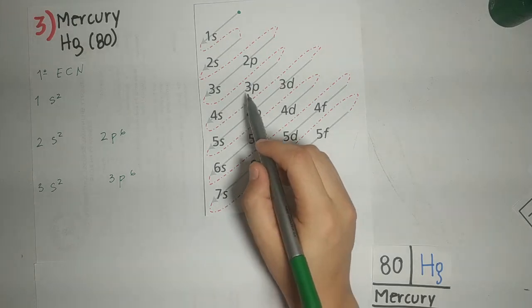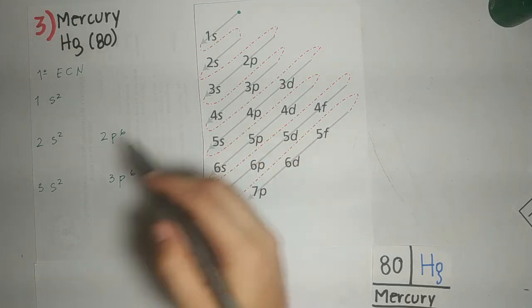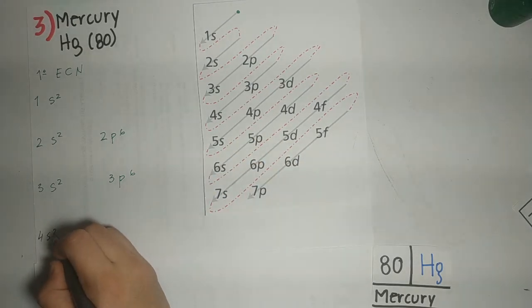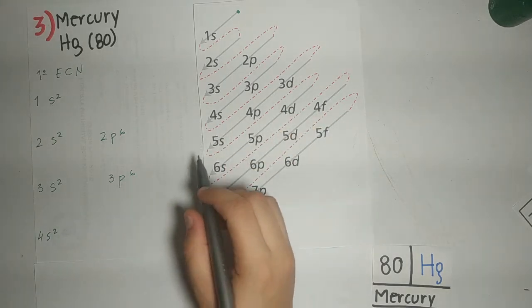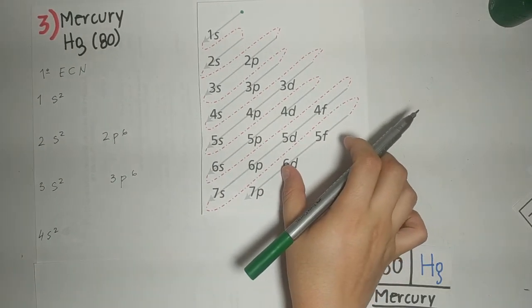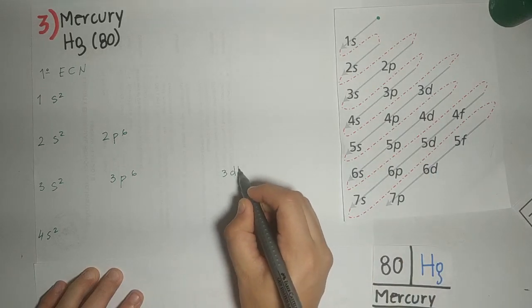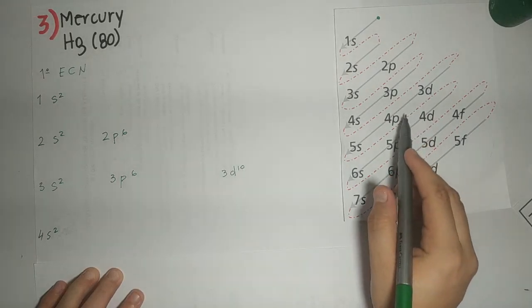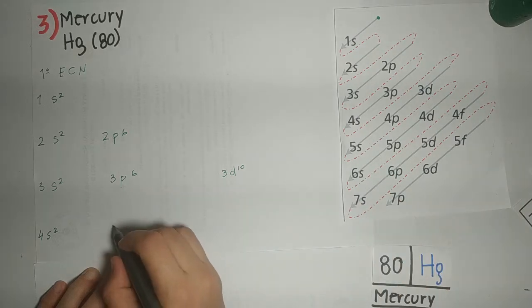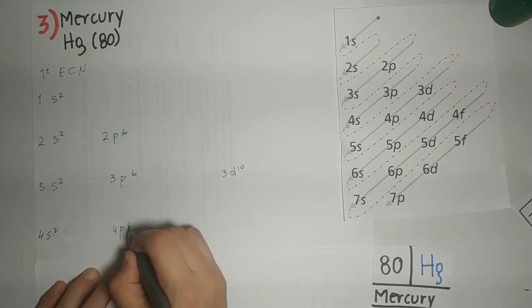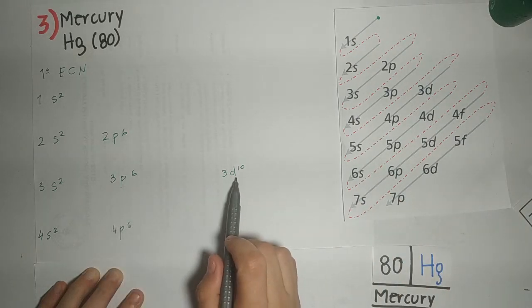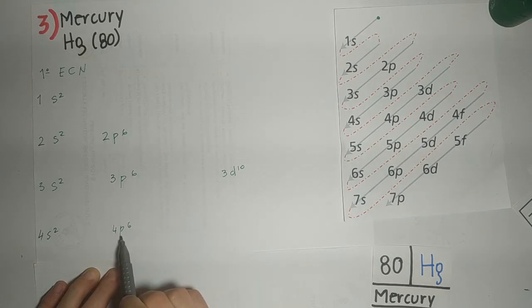Okay, after 3p6 it continues in 4s2, then it follows to 3d10, and then it continues with 4p6. I know that I have 30 here, so I'm going to 36.